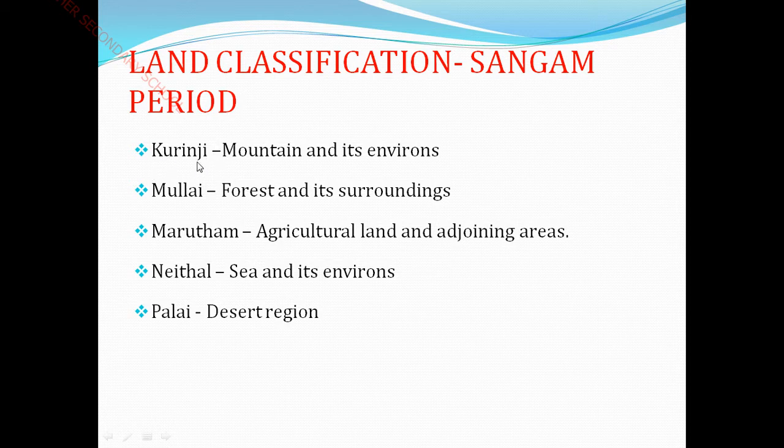Kurunji land means the land which contains mountains and the surrounding environment. And Mullai is forest and its surroundings, a place entirely covered by forest, called the Mullai land type. Marudam land type means agricultural land and the adjoining areas, those joined with agricultural land, are known as Marudam.